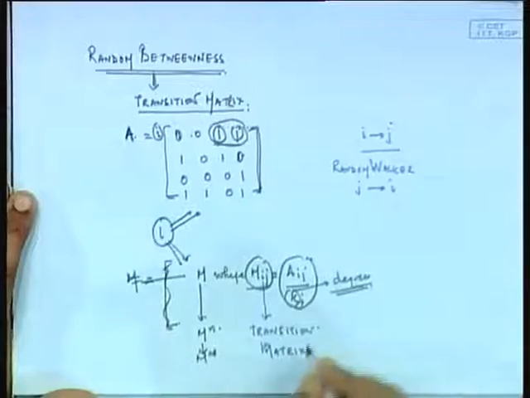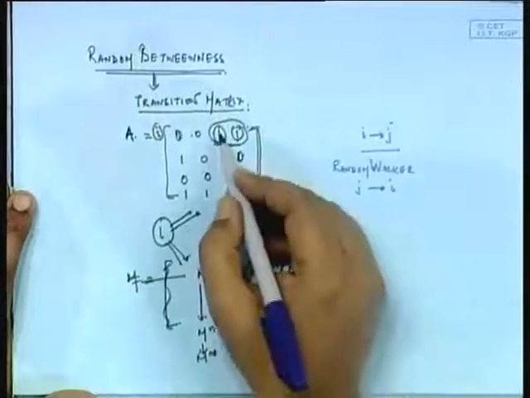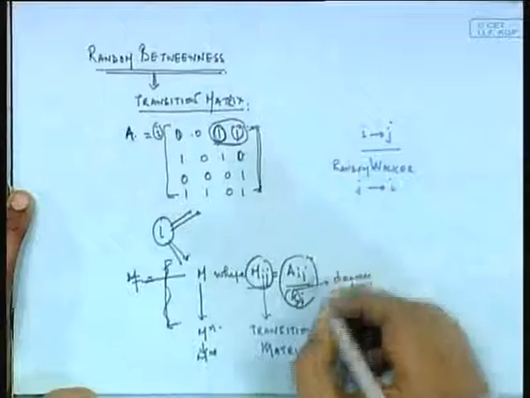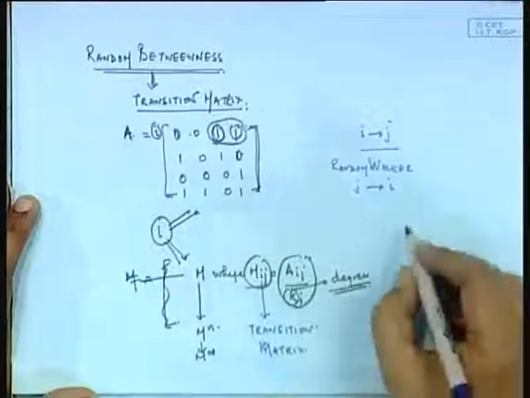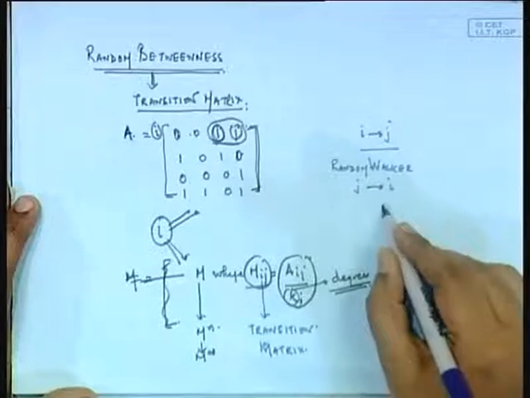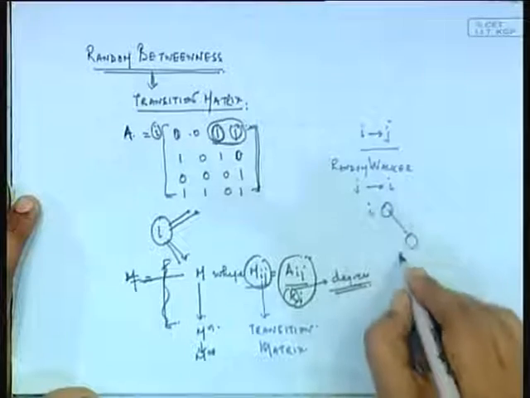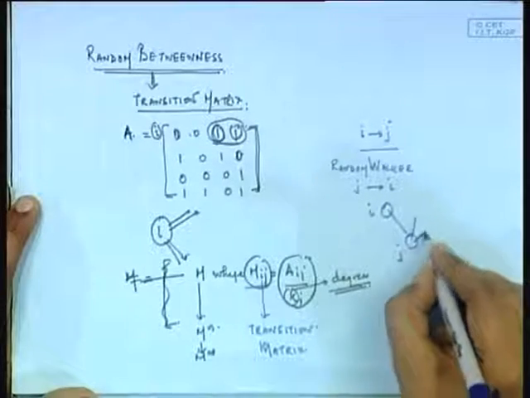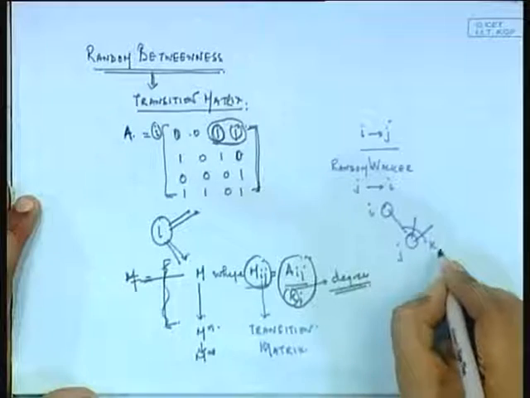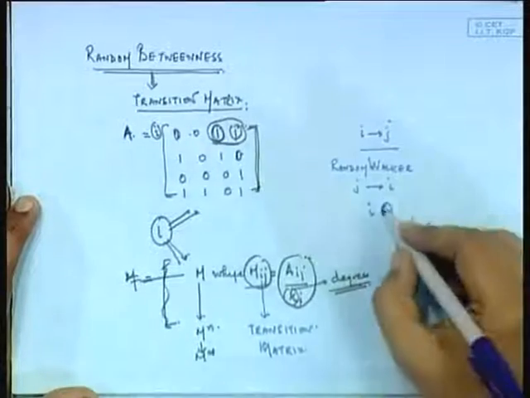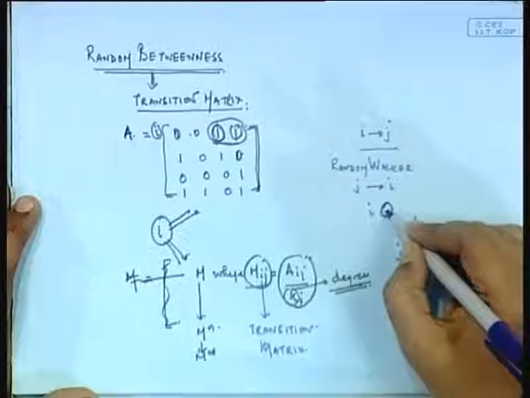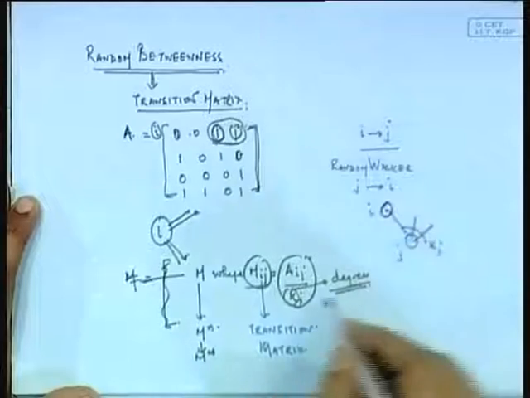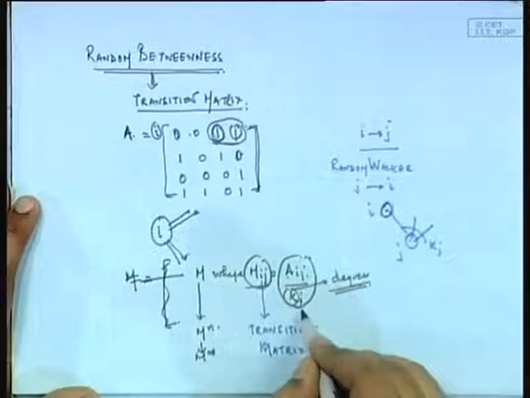So, what will be the probability? If it is connected, then only there is a chance. And how much chance? So, if I have this as i and this as j, and j has kj links, the probability that the random walker will reach here is Aij by kj.